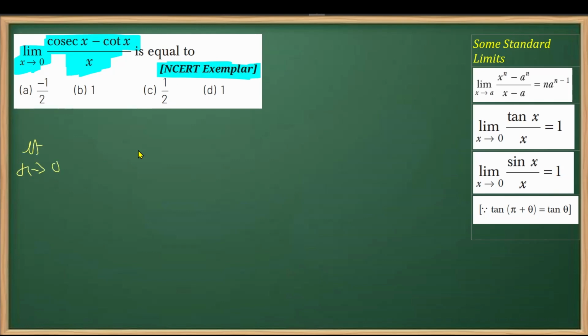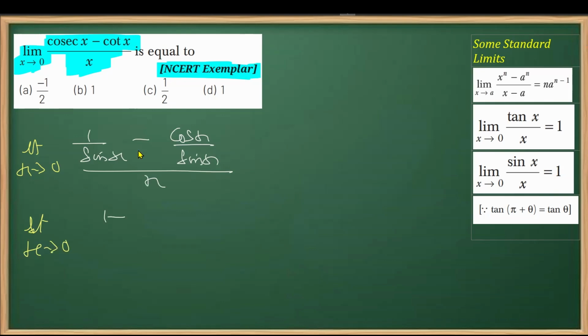We can write cosec x as 1 over sine x, and cot x as cos x over sine x, and that whole divided by x. Taking the LCM, that gives you 1 minus cos x over sine x, and there's an x as well.